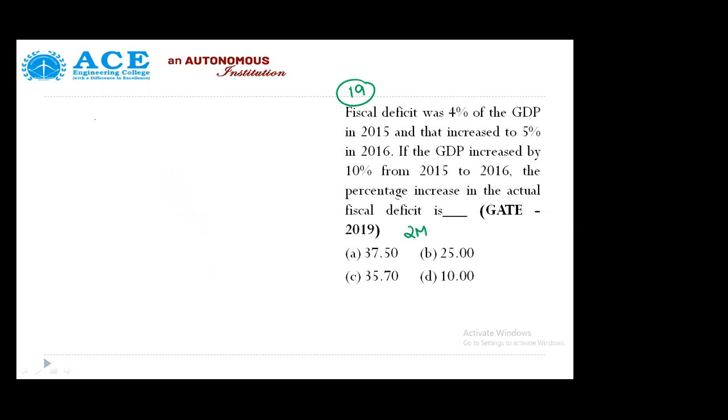Now, GDP in 2015, I assume as 100. Then GDP in 2016 is nothing but 110. Why? Because of the 10% increase. GDP increased by 10%, so 100 becomes 110 here.